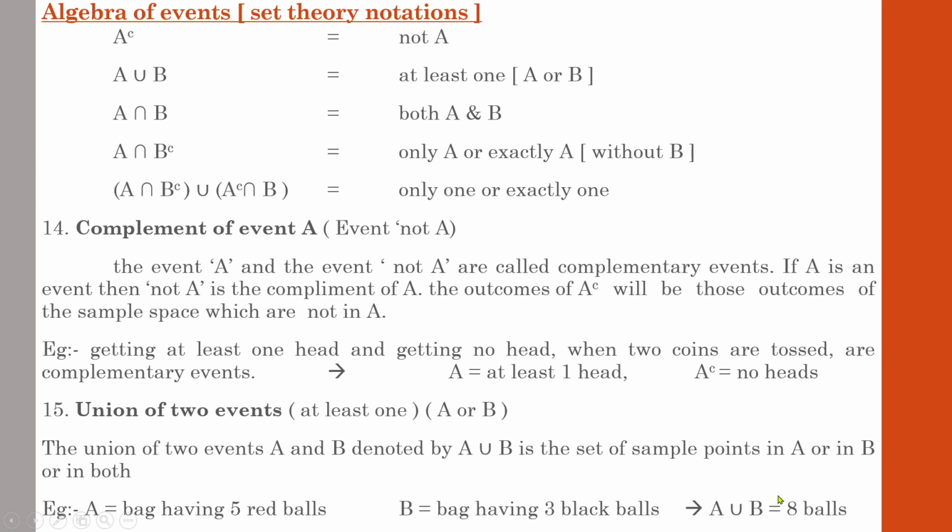The concept behind A union B means either a red ball or a black ball. Any one of the balls may be selected. That is the meaning of A union B in case of probability. So instead of writing 8 balls, in the probability concept it can be explained as either the red ball or the black ball. Any one of the balls has the probability of occurring. That is the meaning of A union B.